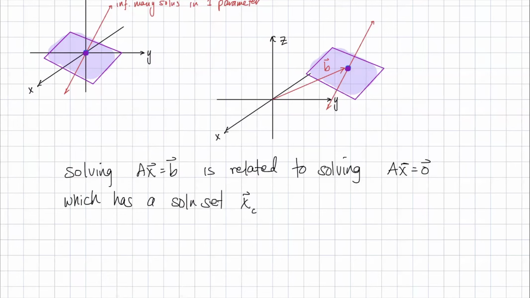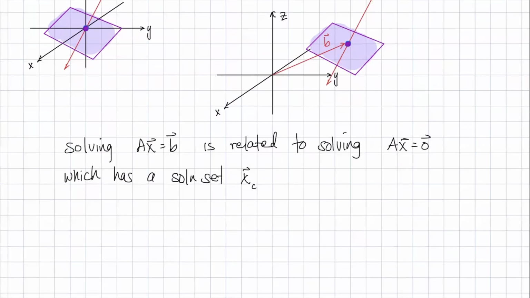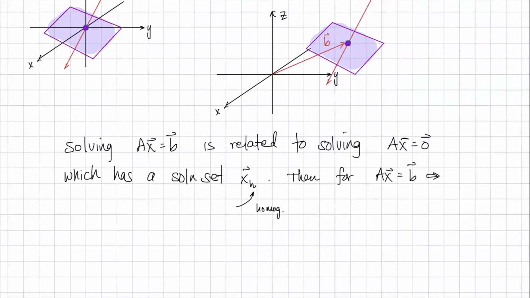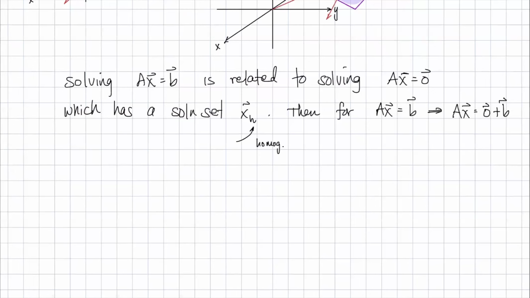Later on in this class, when we look at differential equations, we're going to talk about the complementary solution, the solution to the homogeneous system. Let's call this X sub H, the homogeneous solution set. It's related to it, where our solution for AX equals B can be thought of as AX equals 0 plus B. What we're going to have here is a shift, so to speak.